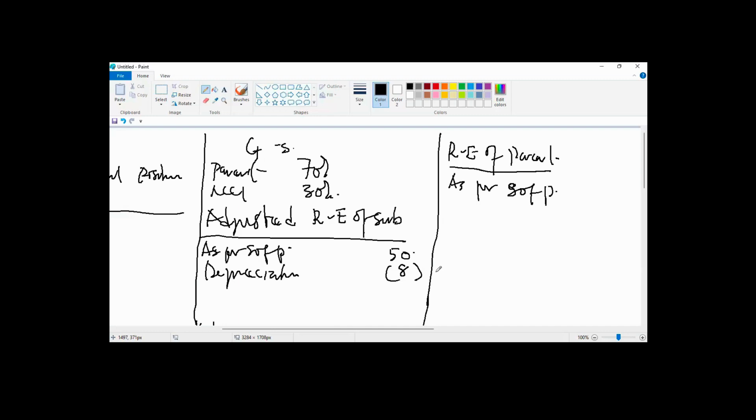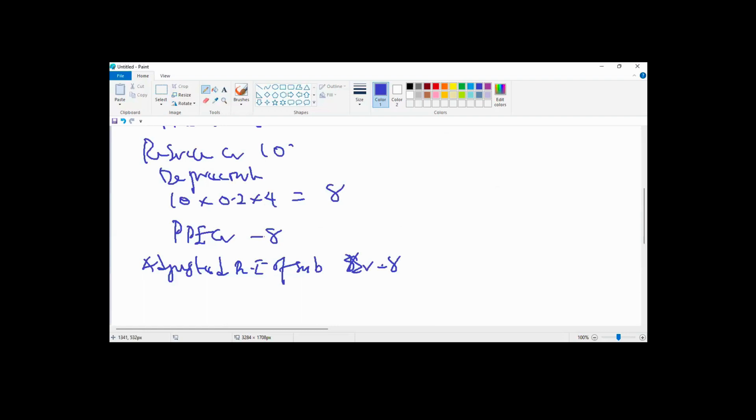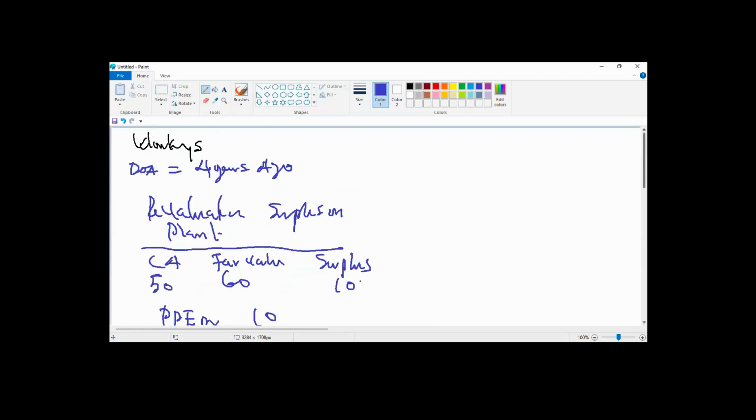The seller is the parent. It's sold at a markup of 25%.